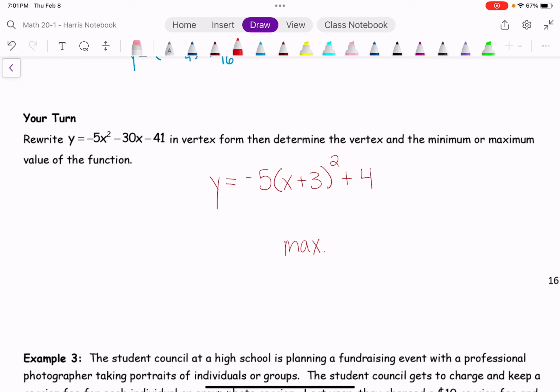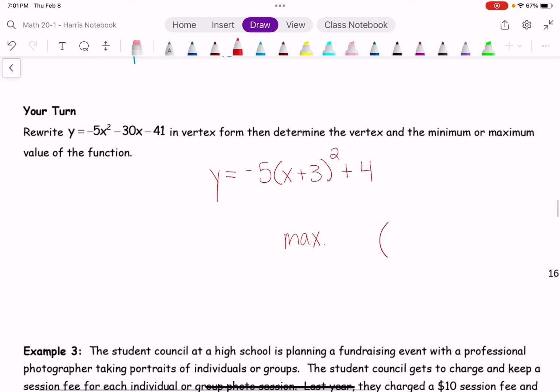So I know that it's opening downward, so I'm going to have a maximum point. And looking at my vertex, if I see this 3 here, because it's positive, I'm going to flip it. It means that I have a negative 3 as an x value, and my 4 is going to stay the same. So I have negative 3, 4.